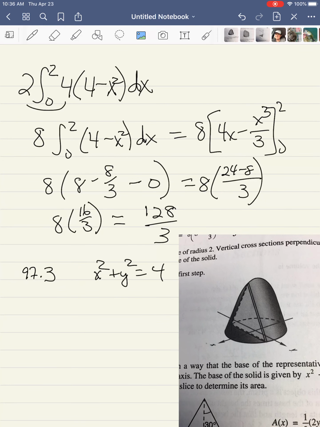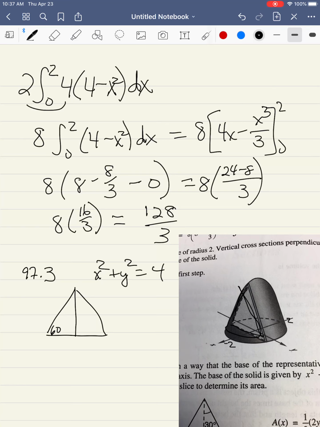All right, so here's the picture for this one. So this is an equilateral triangle, okay? And again, this way, if this is the x-axis, this would be -2, +2. So in order to find the area of one of these triangles, remember it's an equilateral triangle, so we know it's 60, 60, 60.